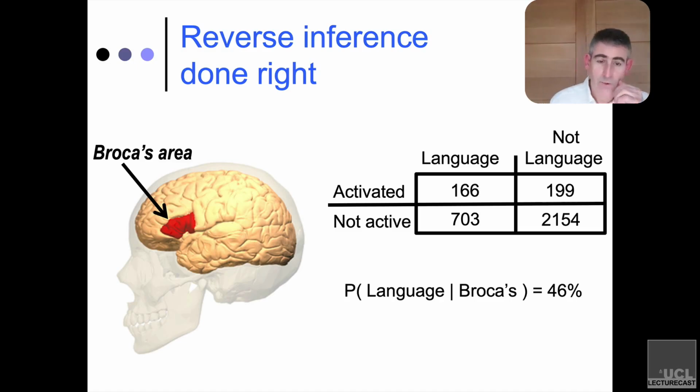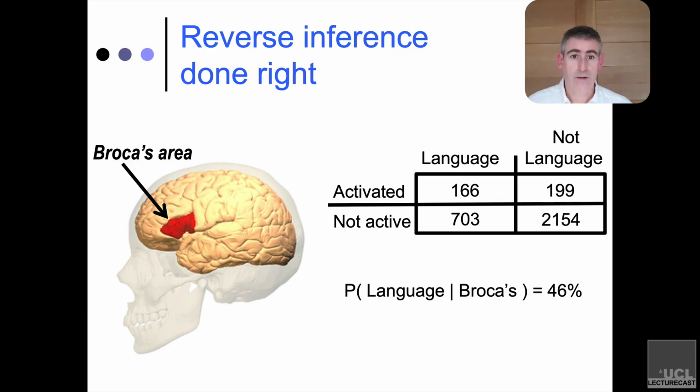So what you can do is use something like an existing database of studies. What Russ Poldrack did in this classic paper was he used the Broca's language example and went to one of the existing fMRI study databases and characterized all the studies in there, of which there were 3,000 or something like that, into language and not language studies.